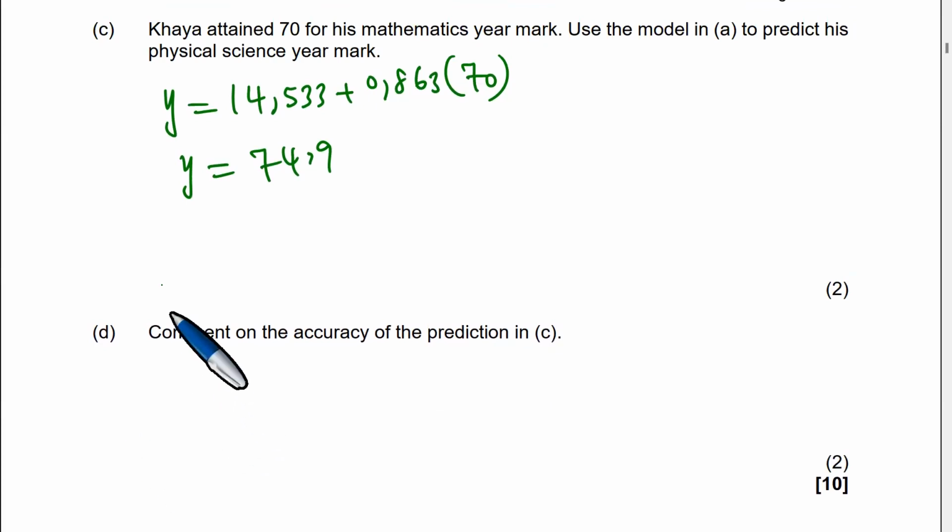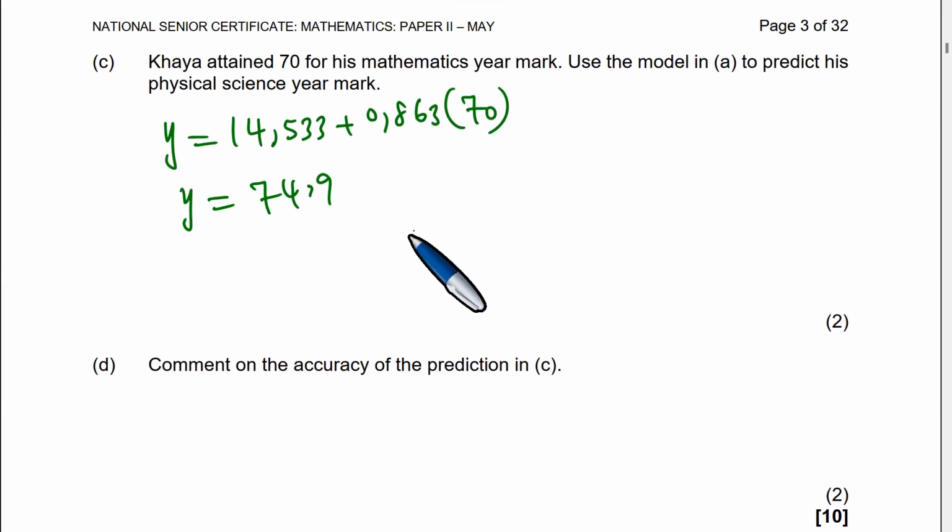Right, so this prediction of the year mark, because we're just using the mathematics year mark of 70 to predict that in science, if we got 70 according to the line of best fit, is going to get 74,9 in science. But this is not the mark the student got. But most importantly, let us comment on the accuracy of the prediction in C. Is it accurate? Okay, so we are speaking about something we call interpolation.